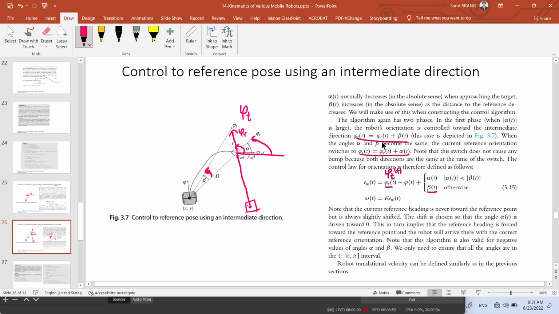When alpha is large, we use phi t as phi r plus beta. But when alpha drops to be the same as beta or smaller, we switch to using phi goal. Because when alpha is too large, instead of using phi reference as phi goal, we use phi t.